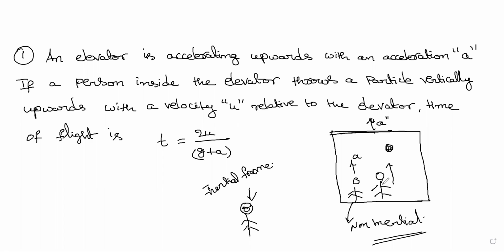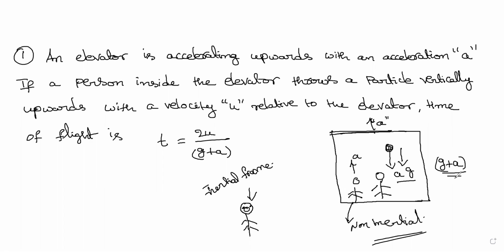Now, in such a condition, what we observe is that we will observe a pseudo force downwards. I should say something called pseudo acceleration downwards. A pseudo acceleration exactly opposite to our movement. That is, it is like this, with acceleration A, plus on this ball there is also the acceleration g downwards. So the complete acceleration is g plus a.